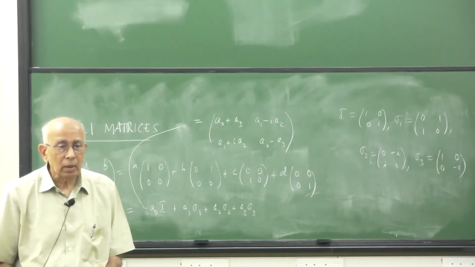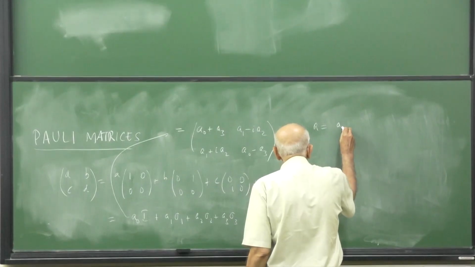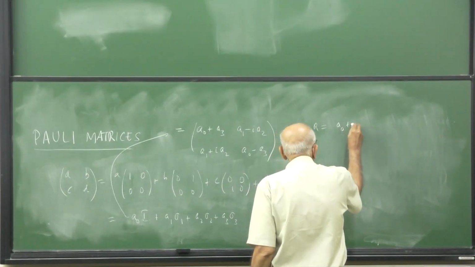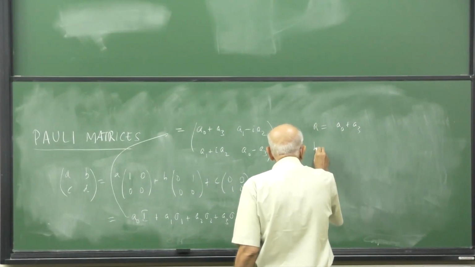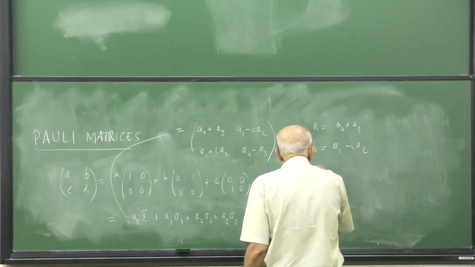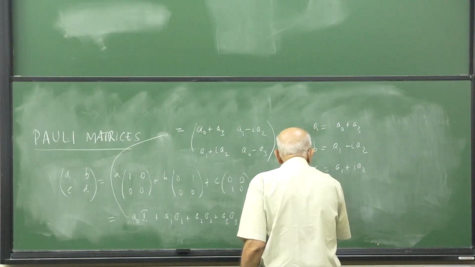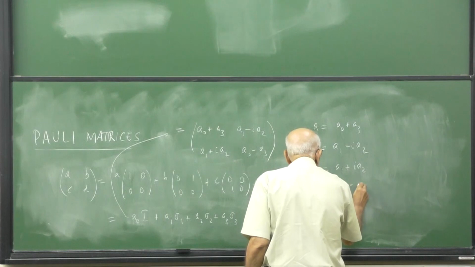Therefore, they must be equal component by component. A is equal to A0 plus A3, B is equal to A1 minus iA2, C equal to A1 plus iA2, D equal to A0 minus A3.